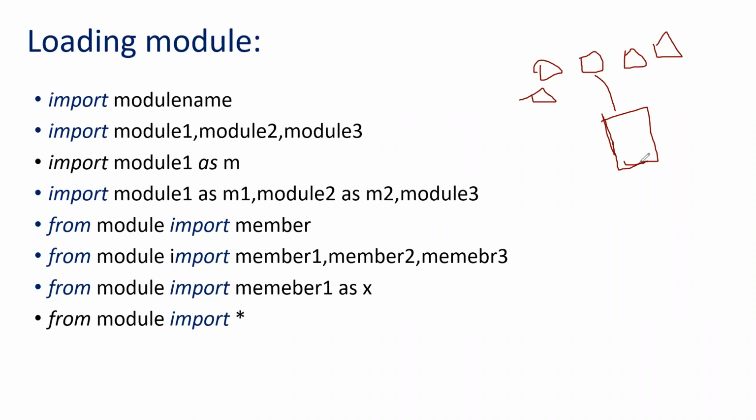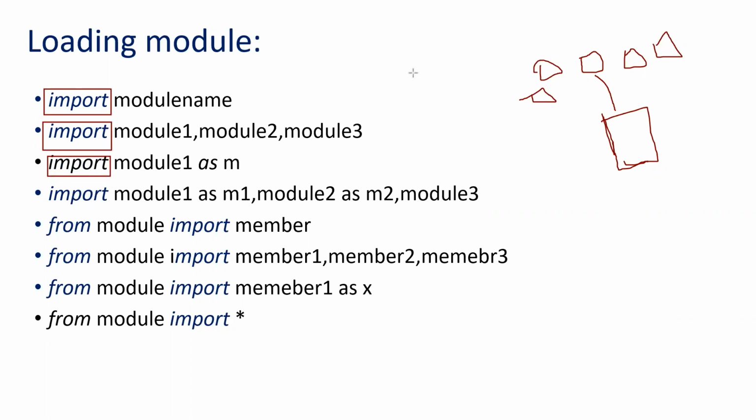Already some people have written the code, and that code is called a module. Now I want to access that module. How can I access that module? Simply, the keyword is import. We are going to import the module name.